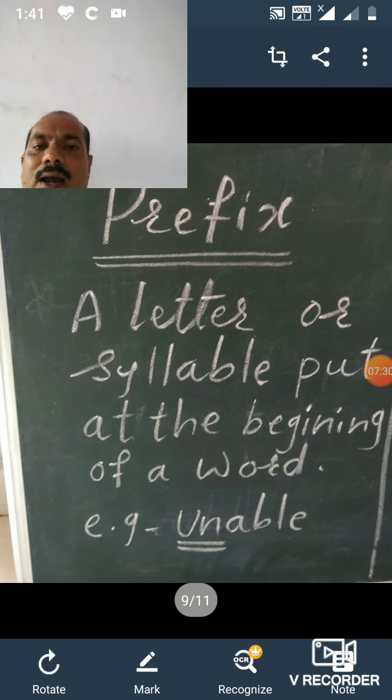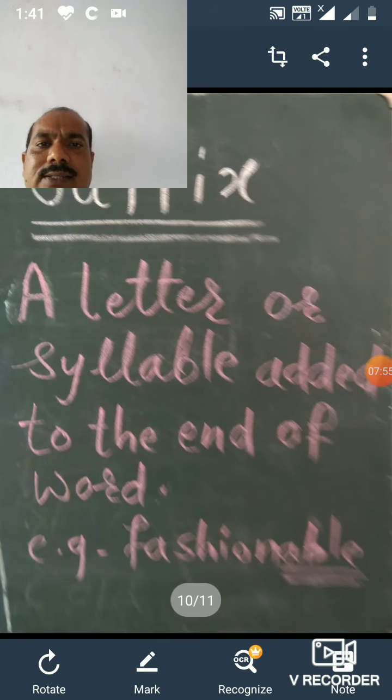For example, unable. Here the main word is able, and the syllable un is joined to that word and a new word is created, that is unable. This is the first process of making a new word. Now the second is suffix.